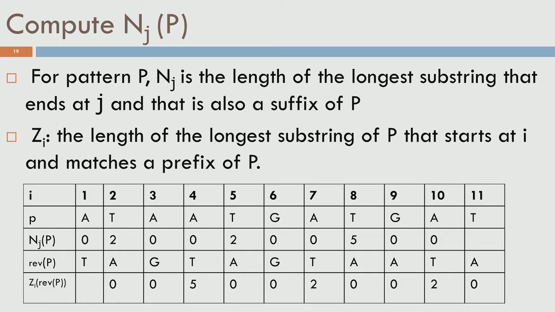So, therefore, we have so far maintained 3 arrays. One is the capital L prime, the second one is the n array and the third is the z array, and the goal is to compute the values of the entries in the capital L prime array, and for that we are going to use the n array and the z array.